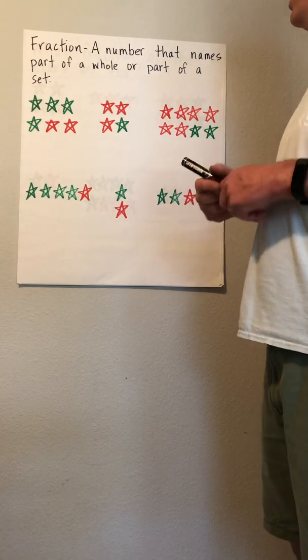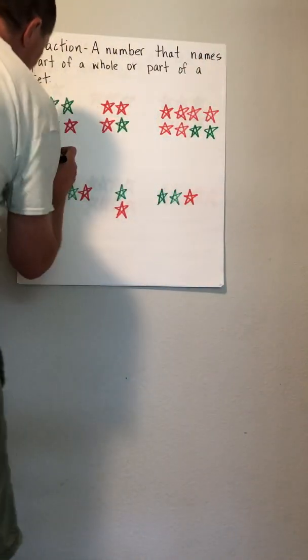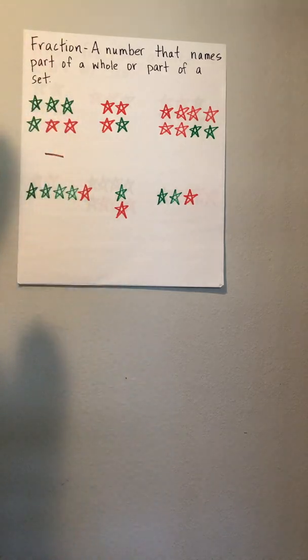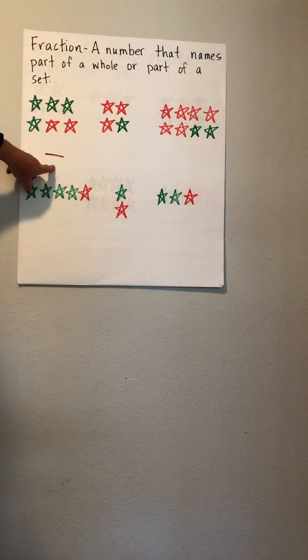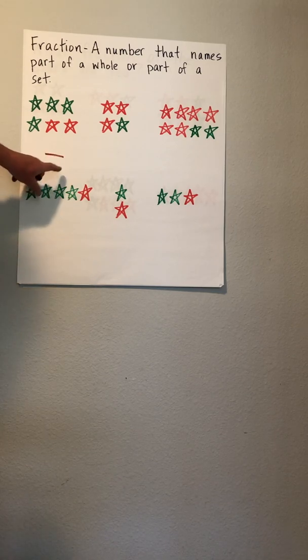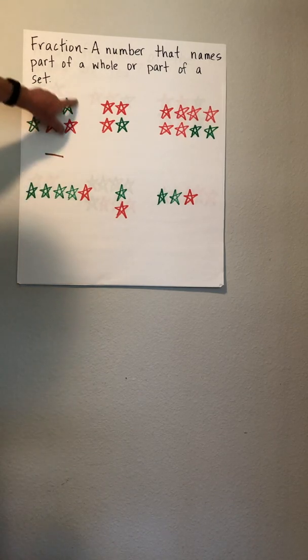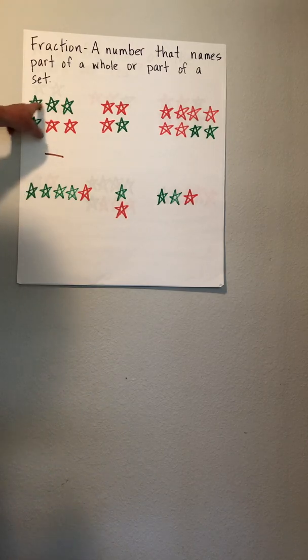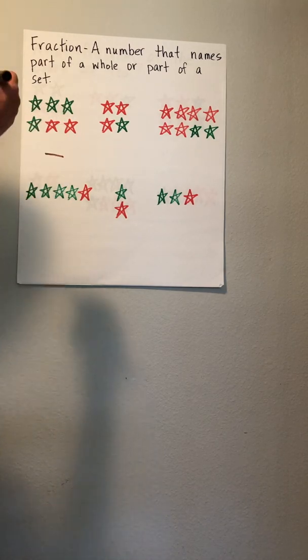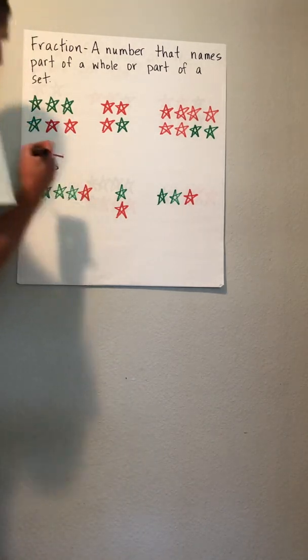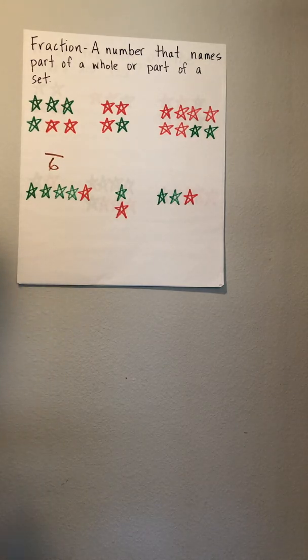Now, a fraction has two parts. The bottom part, and we'll introduce the name for the bottom part in the next lesson, is how many there are altogether. So we have 1, 2, 3, 4, 5, 6. So we have a 6 down there. Okay?